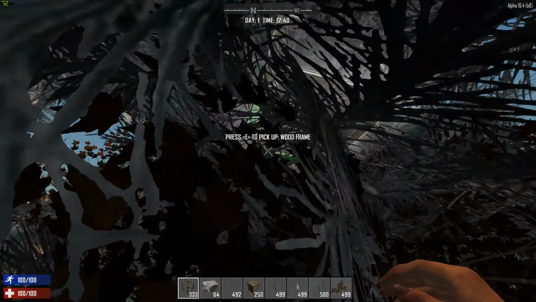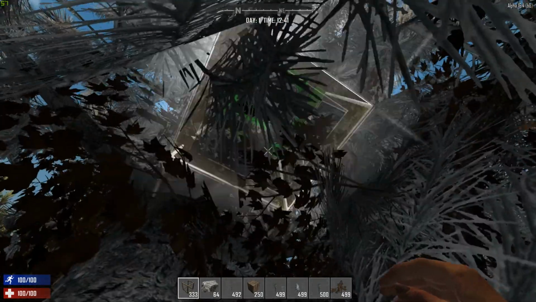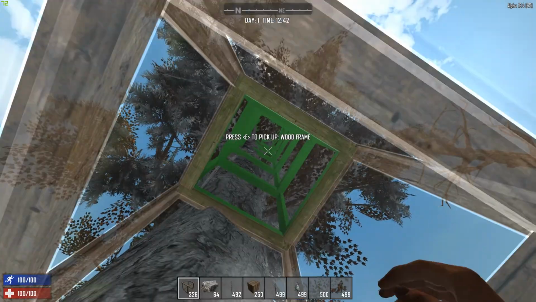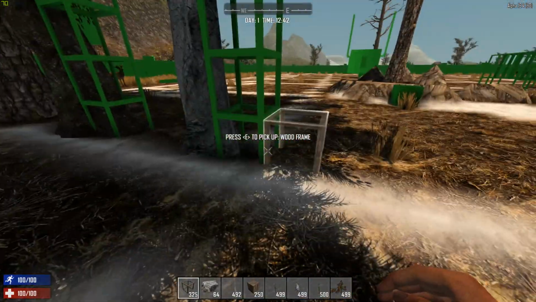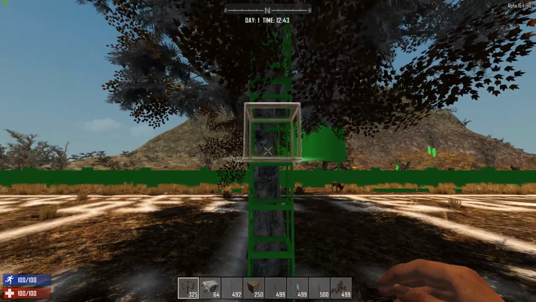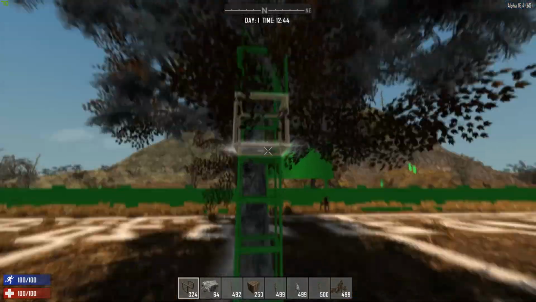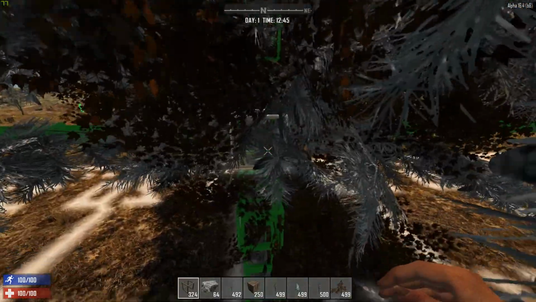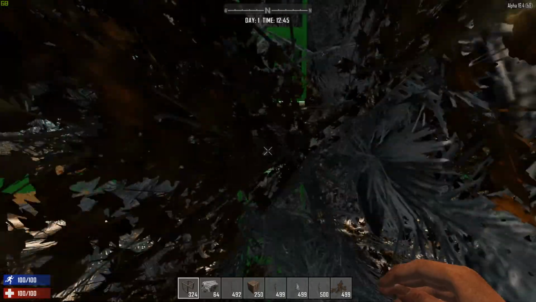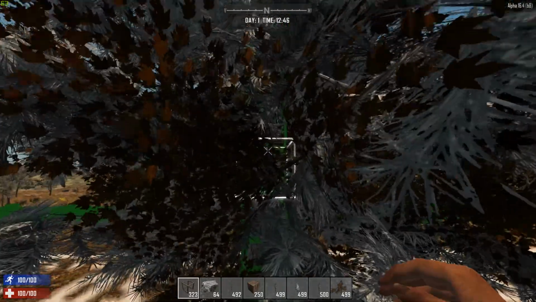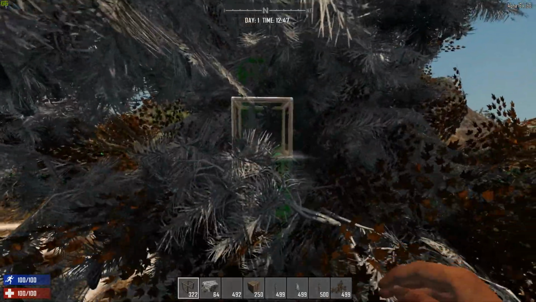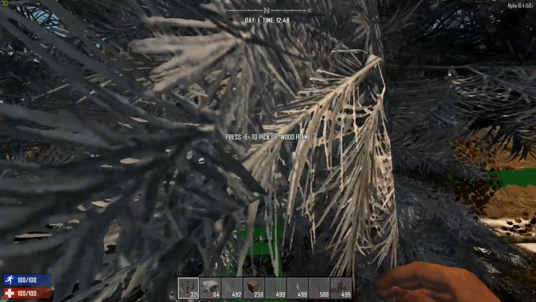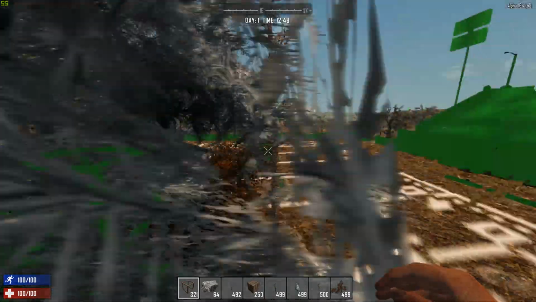So 1, 2, 3, 4, 5, 6, 7, 8, 9, 10, 11, 12. So we got up to 12 meters here.